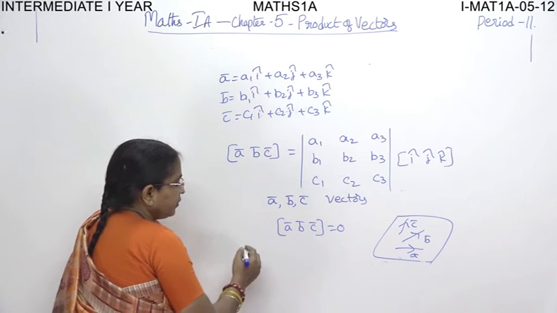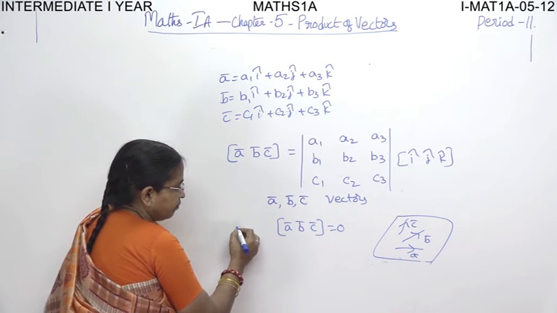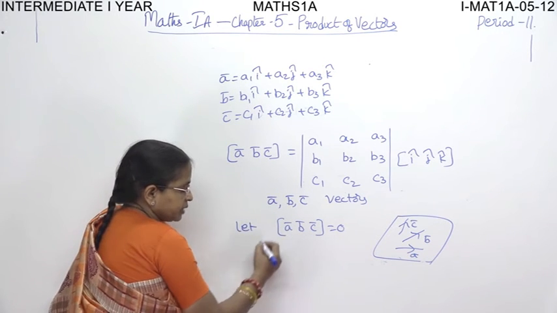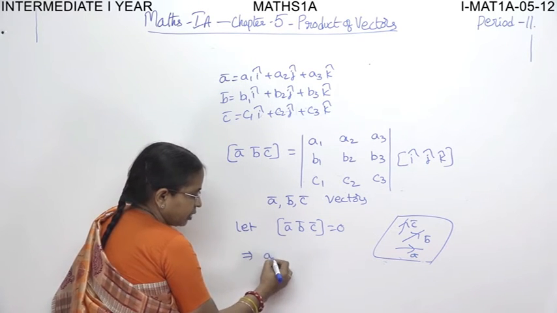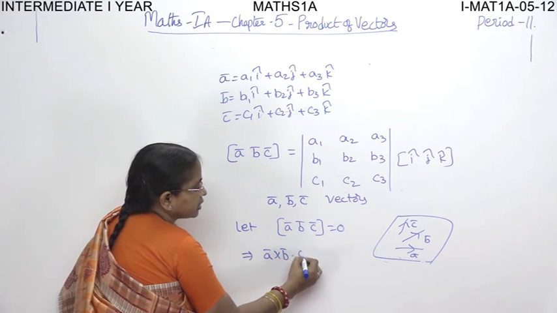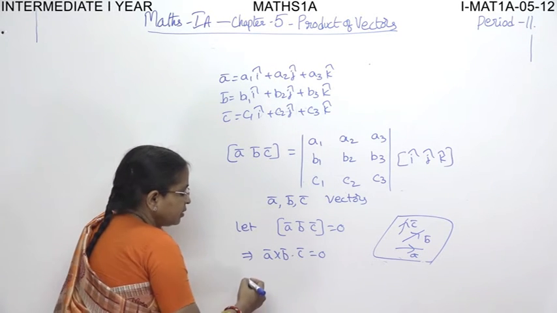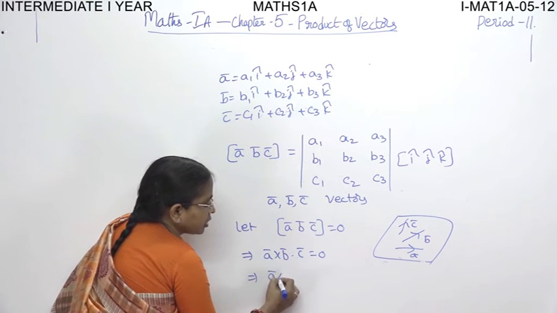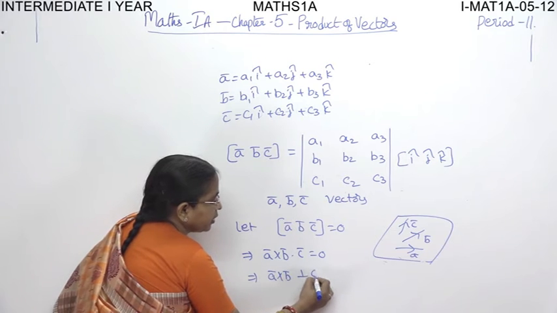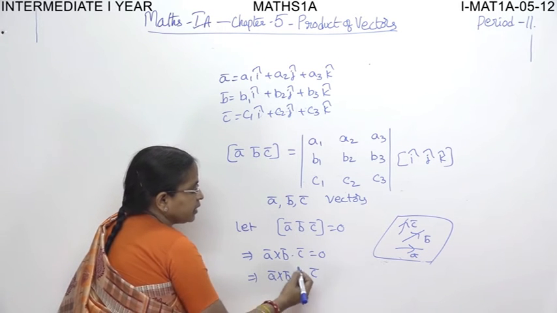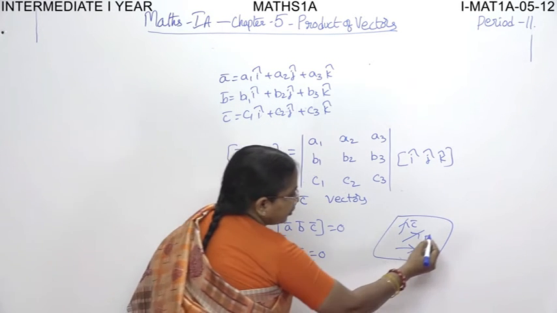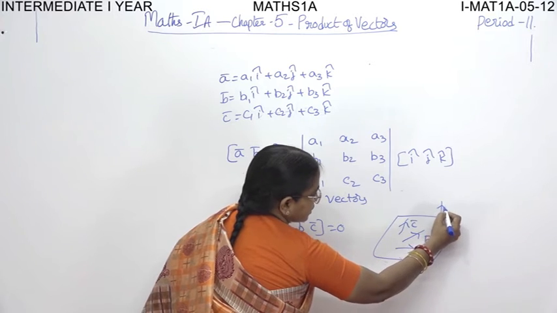This is the theorem. So first we'll assume that, suppose that box ABC is equal to 0. That means what? A cross B dot C is equal to 0. So that means what? A cross B is perpendicular to C. Now you know A cross B direction is this.